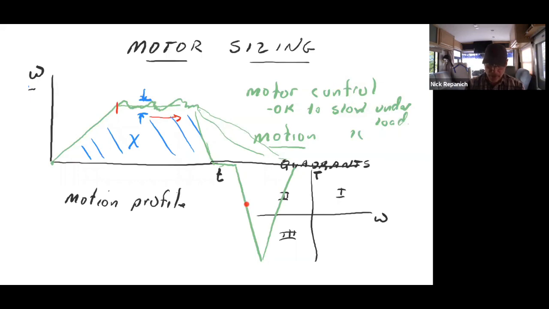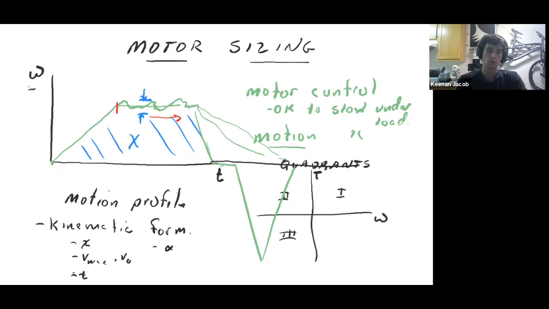One of the things I keep doing is, you'll notice I keep drawing this motion profile linear. The reason is the kinematic formulas. You remember those kinematic formulas in physics, where you had X, V max, and V0, you had time and acceleration, right?